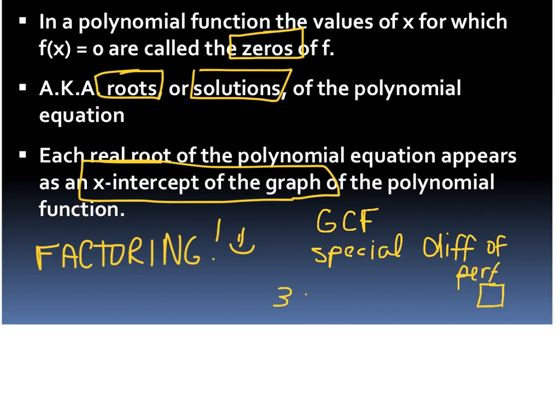If we have 3 terms, that's a trinomial. If we have 4 terms, what do we do when we have 4 terms? You group. We're going to do all this kind of stuff, guys. It's all basic algebra 2 stuff. Factoring, factoring, factoring, factoring. Everybody's quiz version will have one of these where it's going to ask you, tell me the end behaviors, tell me the multiplicity, tell me the zeros, that sort of thing.